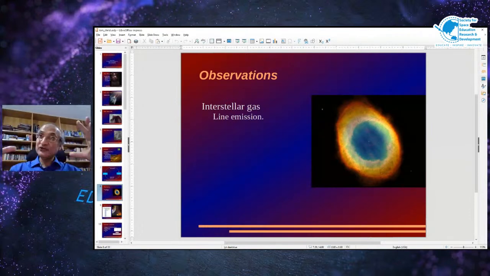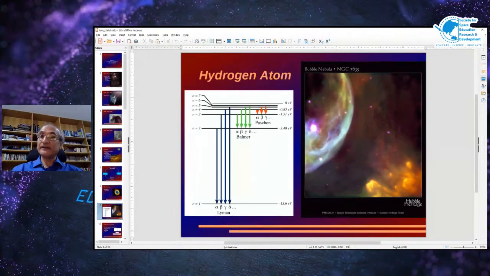Betelgeuse is now a huge red supergiant. Eventually, that star will, or maybe more like our sun. As our sun gets older, eventually it'll become a red giant. The outer layers of the sun will expand out, while the inner core is left as a white dwarf. And so what you'll be left with is an outer atmosphere that eventually expands out into the interstellar medium and becomes part of the interstellar medium. So that's what you're seeing there.